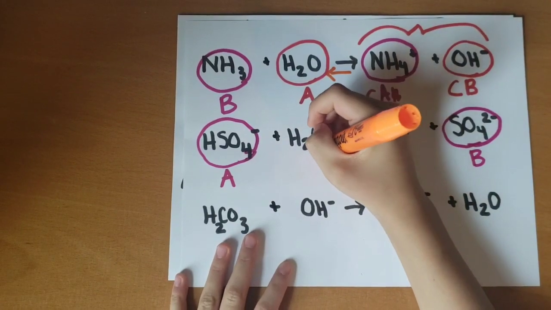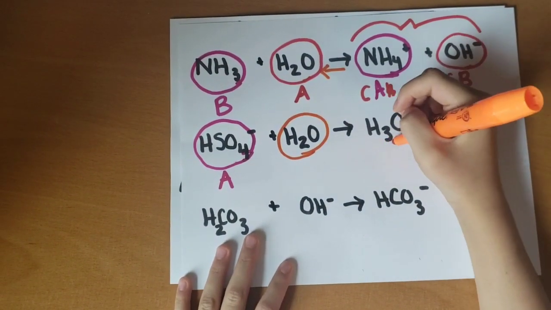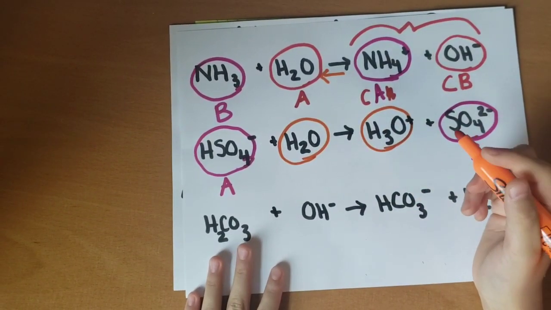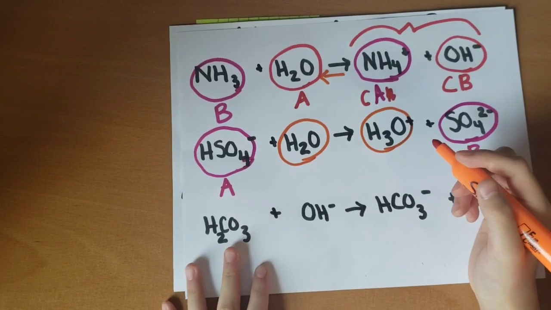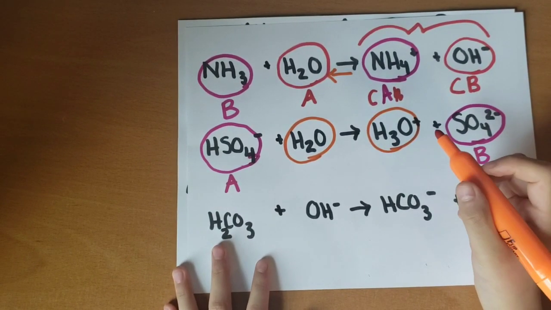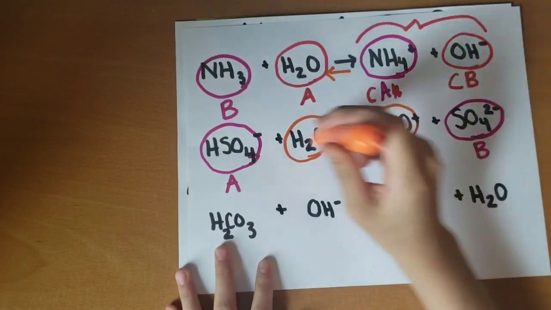Over here, we have H2O. Over here, we have H3O. They are pairs because H2O has 2 H's and H3O has 3 H's. And this formula is greater than this formula.